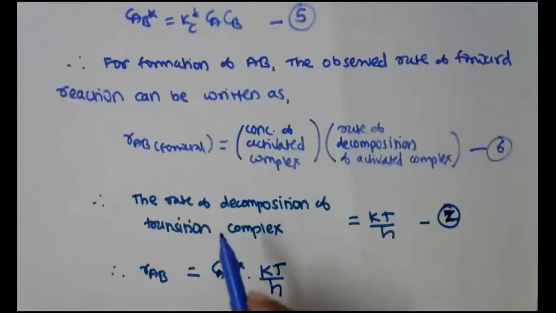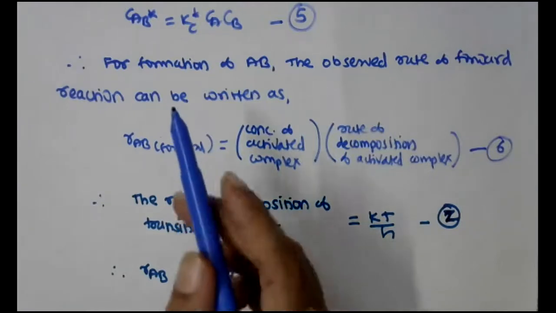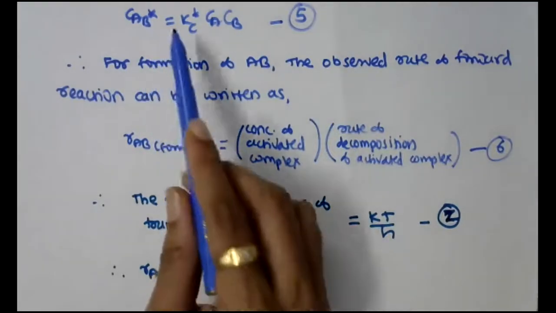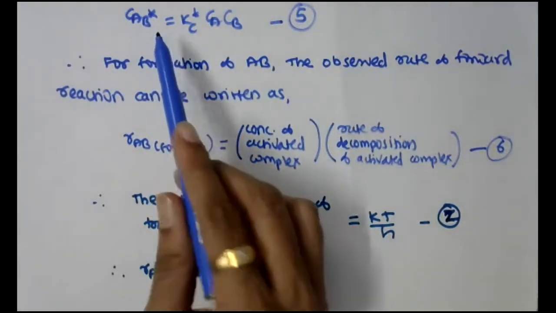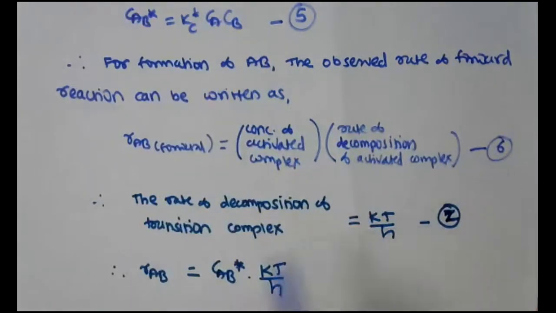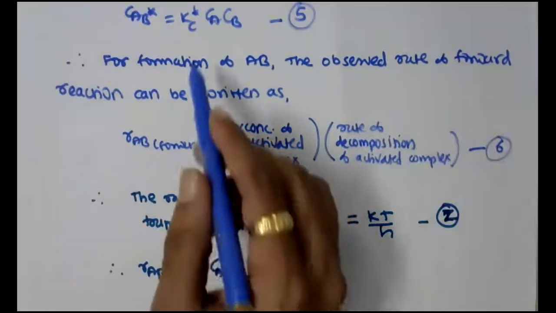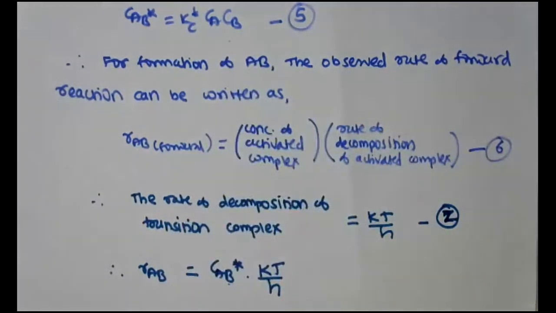Just to recap, the rate of decomposition of transition complex Kt by H and the concentration of activated complex CAB star will be substituted in equation 6, and therefore RAB is equal to CAB star into Kt by H. Now next we'll substitute CAB star is equal to Kc star into Ca Cb.